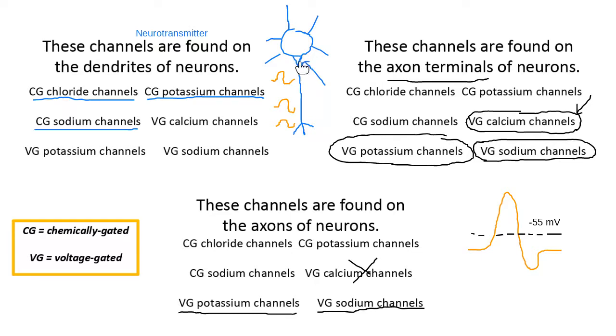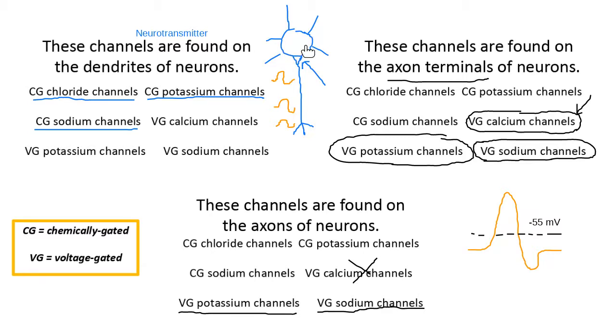This is the first place. The Axon Hillock is the first place that I have voltage-gated potassium and voltage-gated sodium channels. So the Axon Hillock is the first place where it starts to matter if I get to threshold. All that my dendrites have on them are these chemically gated channels. So they're bringing in some chloride, or bringing in some sodium, or bringing in some potassium, or letting out some potassium.